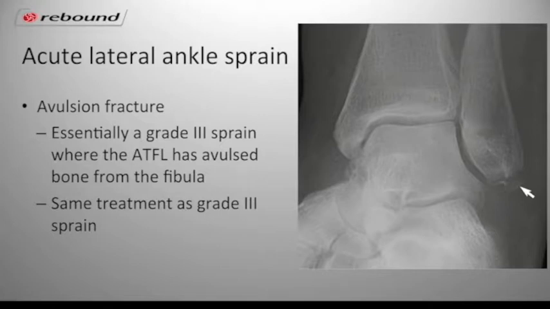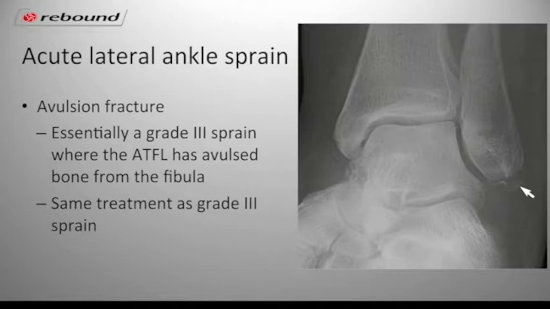Now, a little adjunct to an ankle sprain are these avulsion fractures. So we'll often see this avulsion of the lateral malleolus like this. Essentially, this is a grade 3 sprain, and I treat it the same way. Basically, instead of the ligament being ruptured mid-substance, it's pulled off a little bone with it.